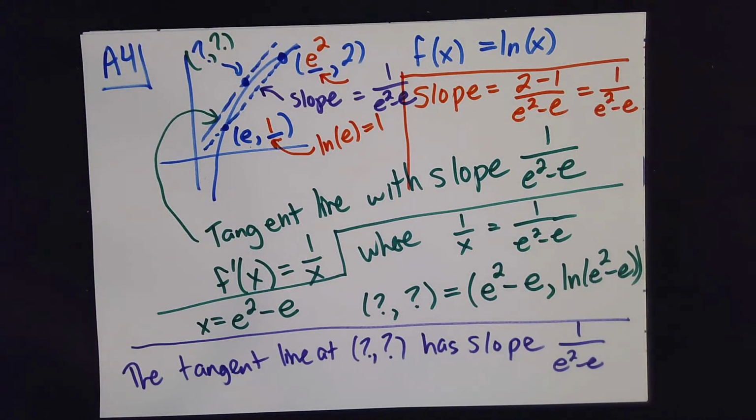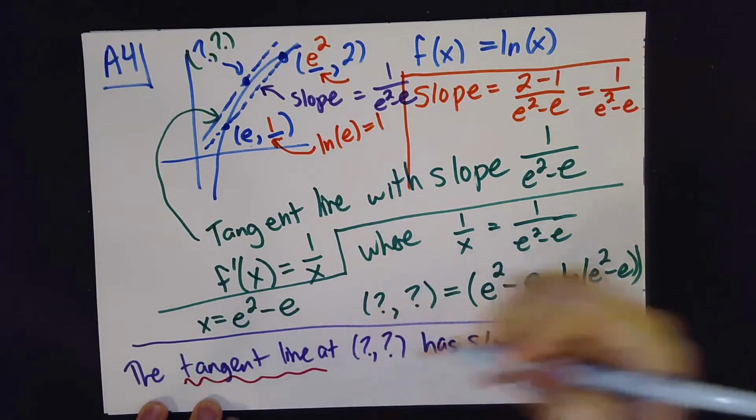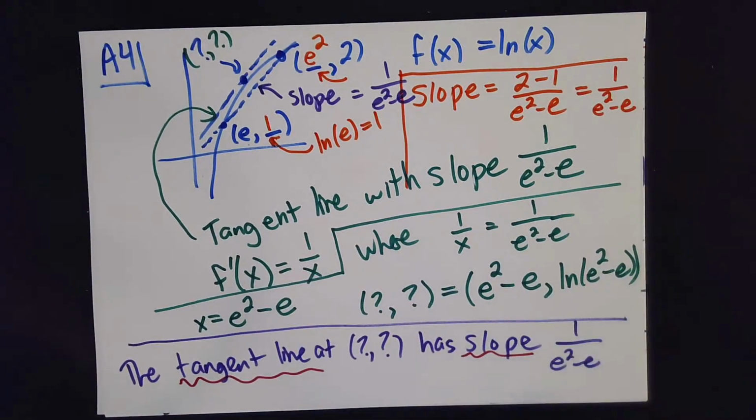And so the reason we end up comparing the derivative with the slope is because I'm really looking for the slope of the tangent line, and it's the derivative that tells me the slope of the tangent line, not the original function.